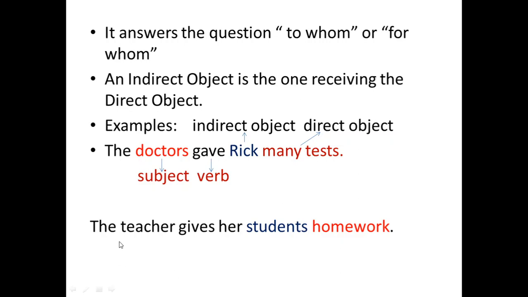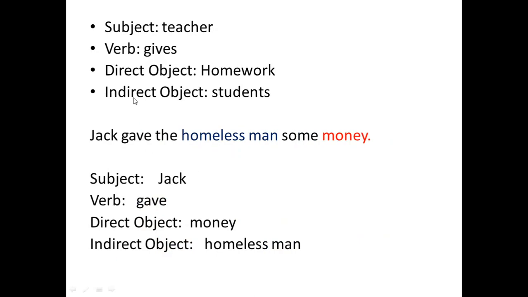The teacher gives her students homework. So let's find out. Teacher is the subject. Gives is the verb. The direct object is homework. The indirect object would be students.